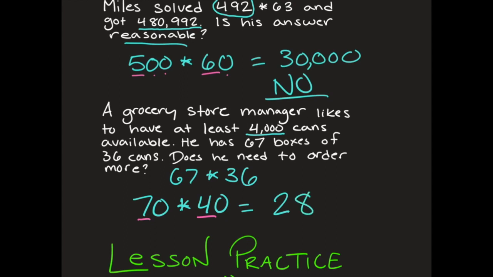Knowing your multiplication facts is going to help you so much. Then I'm going to add on my 1 0 and my 2 zeros. So right now, he has 2,800 cans. And remember, the problem says he likes to have at least 4,000. So does he need to order more cans? Your answer is going to be yes. He needs to order more cans.